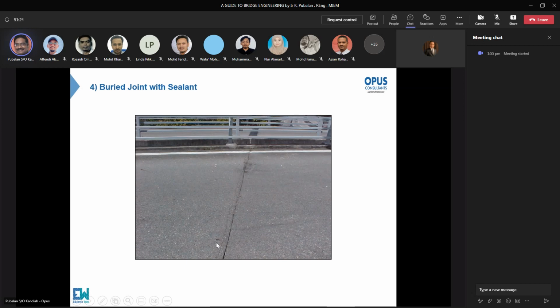You can see a steel plate, or you can just see the concrete deck itself. We call it a sealant joint; it's actually a buried joint with sealant. You may not find any gap below. The idea of putting a sealant is, if this pavement is trying to crack, it will crack along the sealant. It will not crack on the sides.